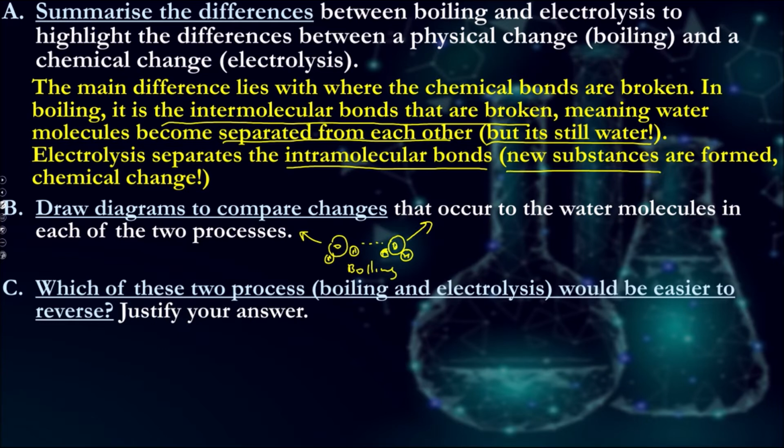If you are using electrolysis, this is slightly different. You are going to break the individual covalent bonds between the oxygen and the hydrogen. So the electricity comes in here, and breaks it off. And then you get H2 and you get O2 afterwards.